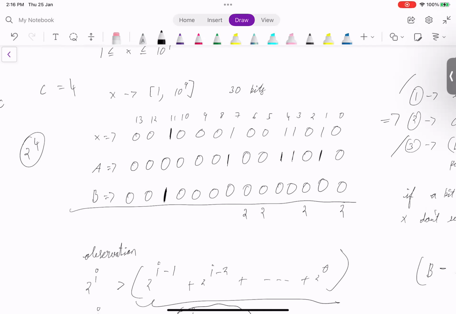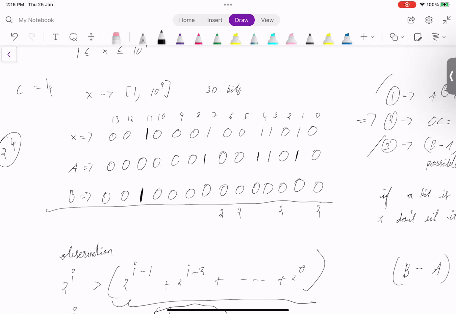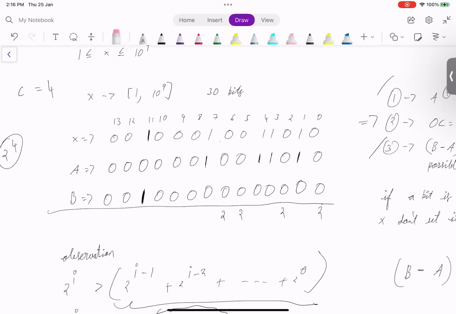If we conclude all the proofs and observations that we made, then to calculate the number of pairs of A comma B, we can just find out how many unset bits are there from the second most significant bit of X. That is here, this is the first most significant bit and this is the second most significant bit.